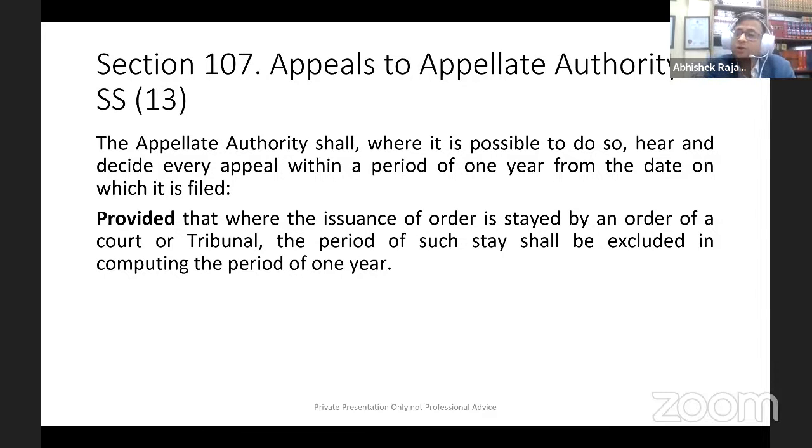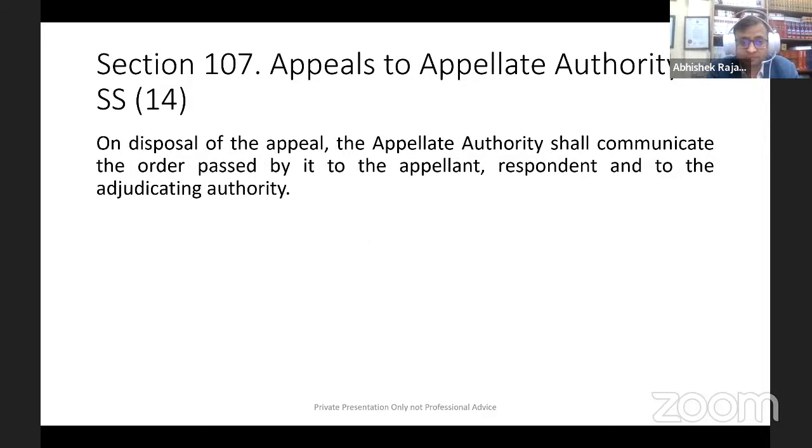So the executive machinery, you can force them to pass an order, or you can give clear-cut deadlines, but deadlines can never be provided to a quasi-judicial authority. And the first appellate authority under 107 is a quasi-judicial authority.